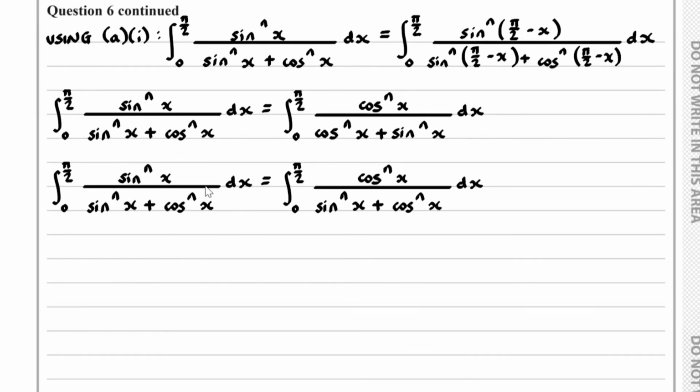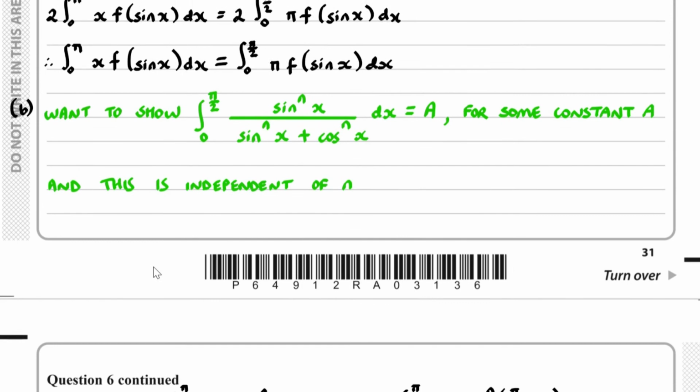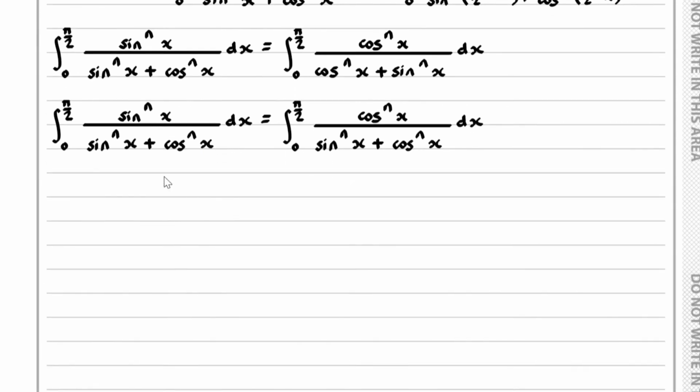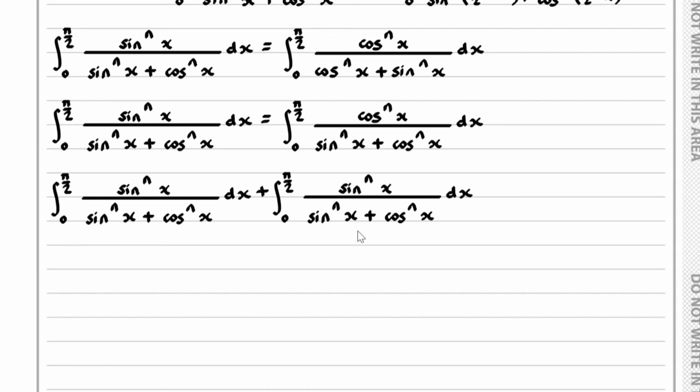Now, what we want to do is find a result for this over here. And the way we can do that is to think to ourselves, well, the denominators here are the same, and we want to get some sort of a constant. And the way we can approach that is, if I add this to both the left hand side and the right hand side, well, we've got this bit plus another one of these, and that's going to equal what we have over here on the right hand side, and then I'm going to add on, to maintain equality, this over here.